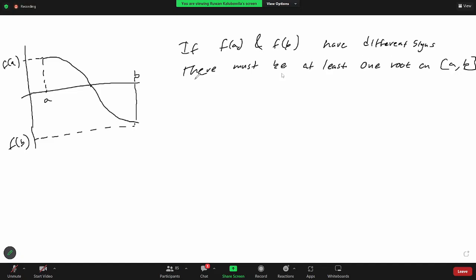Okay, what does this say? First, you have to understand what a root is. You know that in earlier grades, grade 9, grade 8 also, you find out the root of a function.